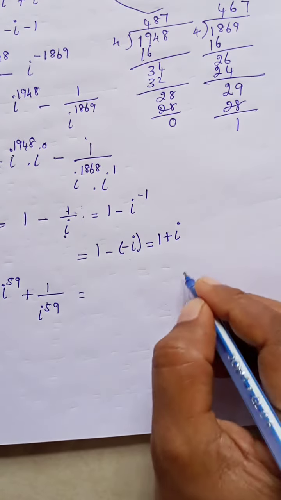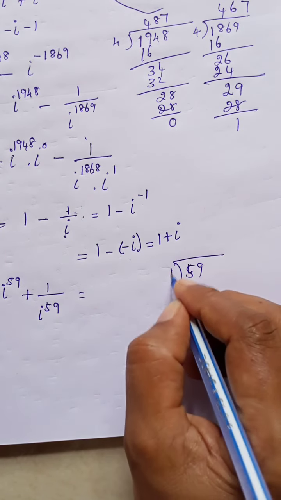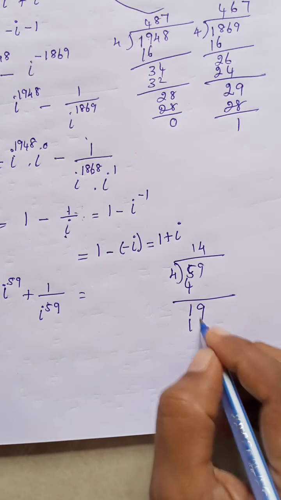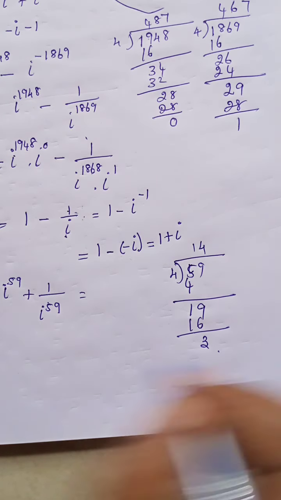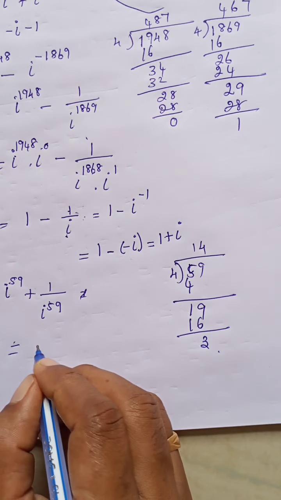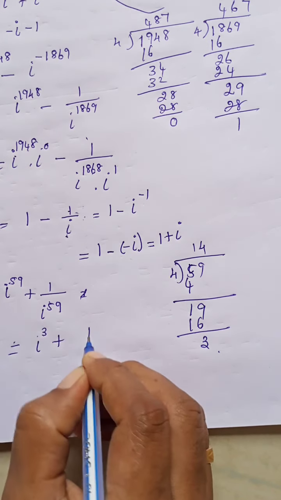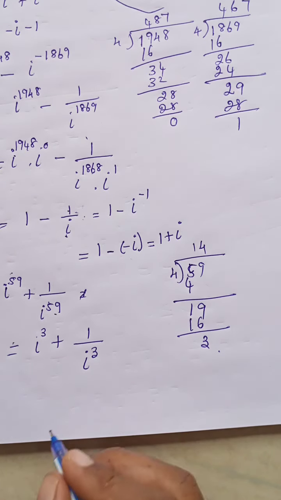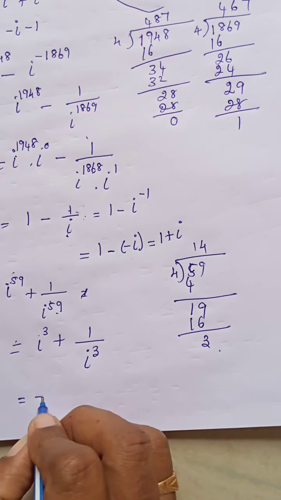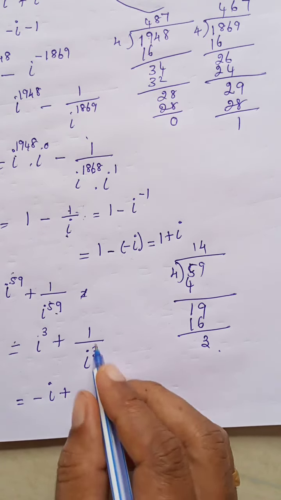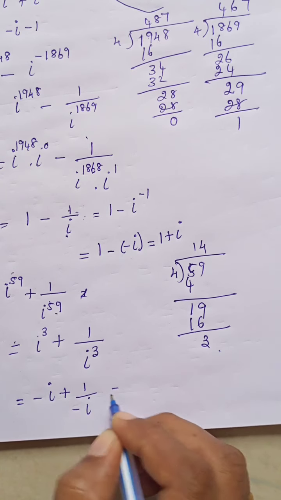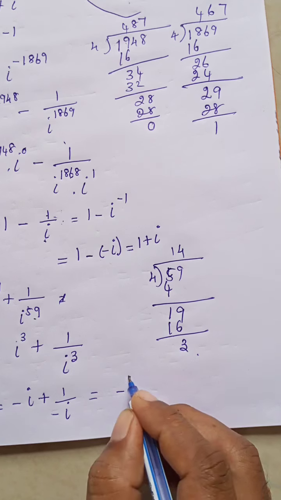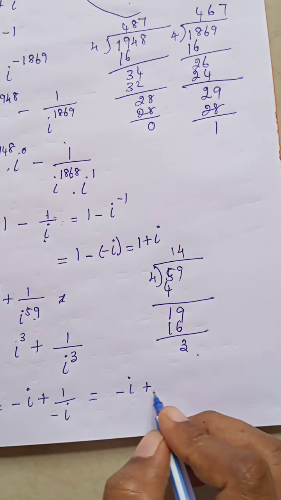This is also simple only. We can divide and check it. 59 divided by 4. 1 4 is 4. 19. 4 4s are 16. The remainder is 3. See here, we may get i power 3 plus 1 by i power 3, because both are 59. Now I have written directly. i power 3, the value is minus i, plus 1 by minus i. Isn't it? i cube, the value is minus i. Say minus i plus this.